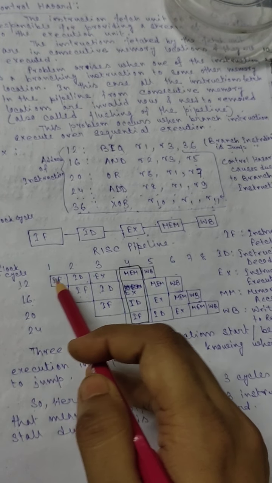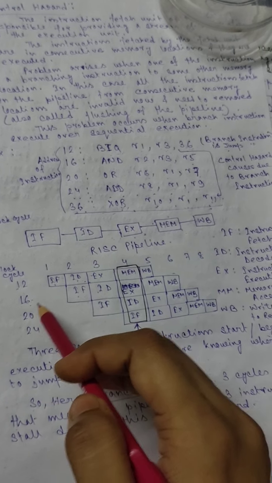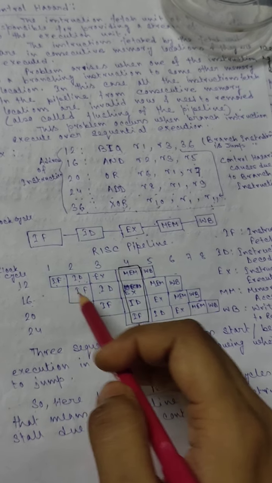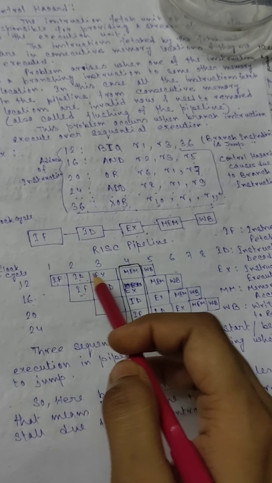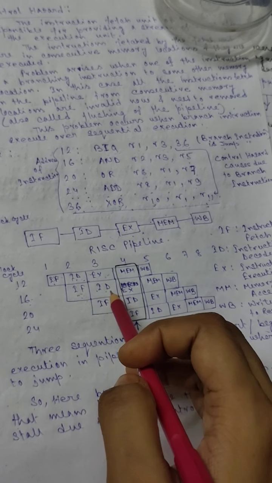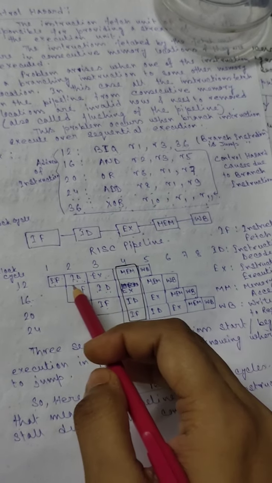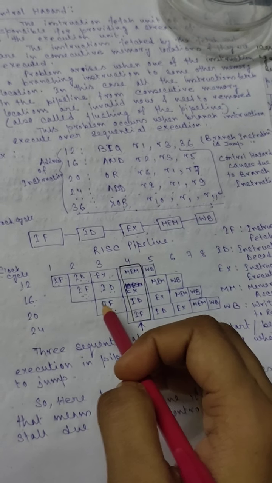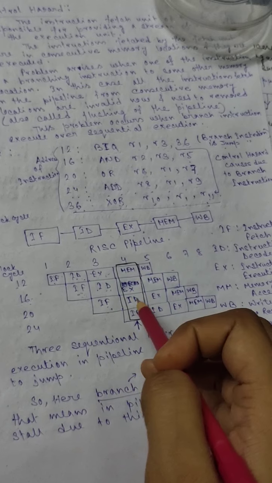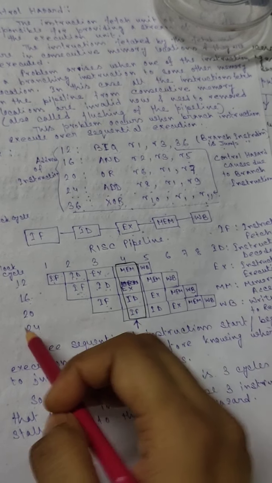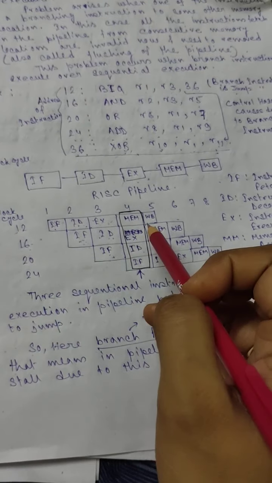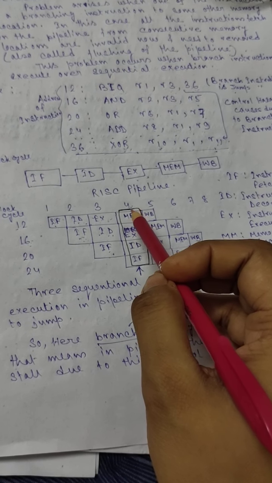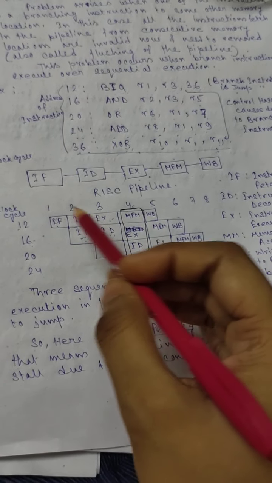When the first instruction goes to the decode phase, the second instruction is fetched, and when the first goes to the execution phase, the second goes to decode and the third one goes into fetching mode, and so on.